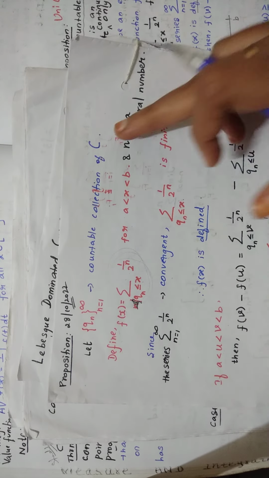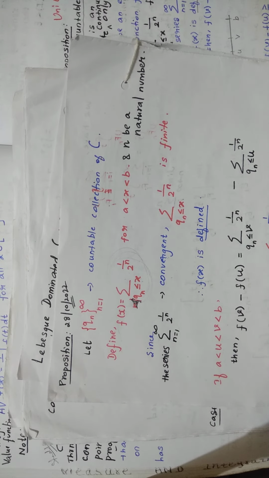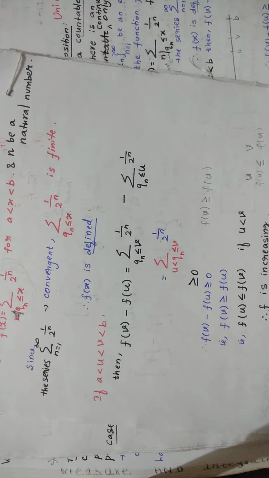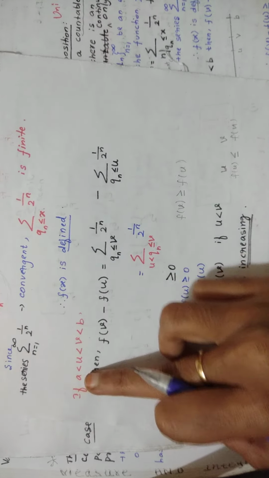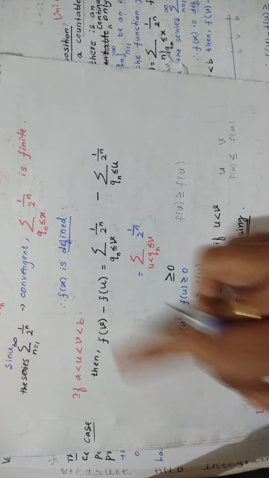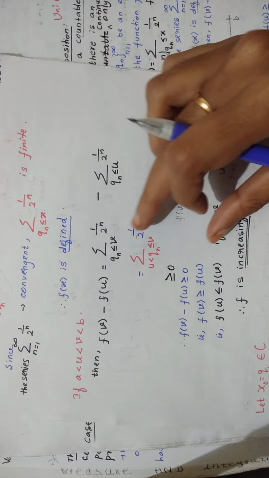Can you understand this? Actually this is very easy. First you have to take a collection and then you are defining a function f like this, and you are first proving f is defined. And then you are proving f is increasing. To prove f is increasing, you consider this and find f of b minus f of a, and from there you will get f is increasing.